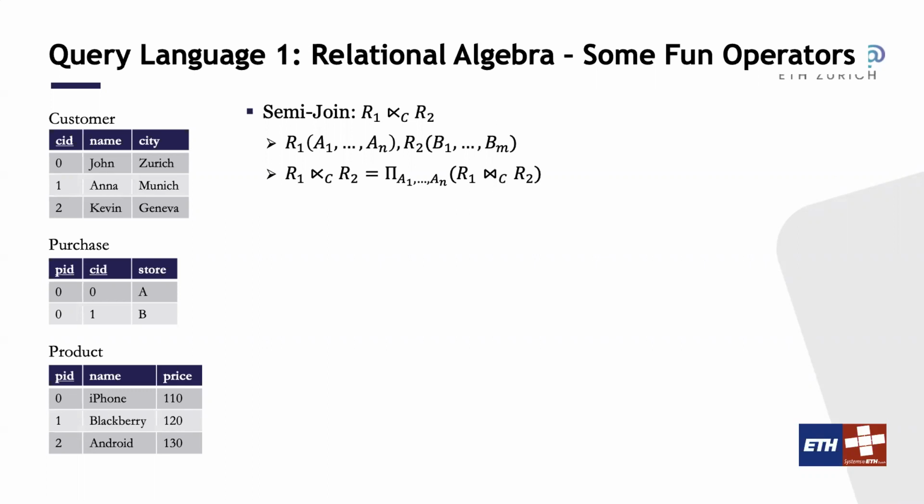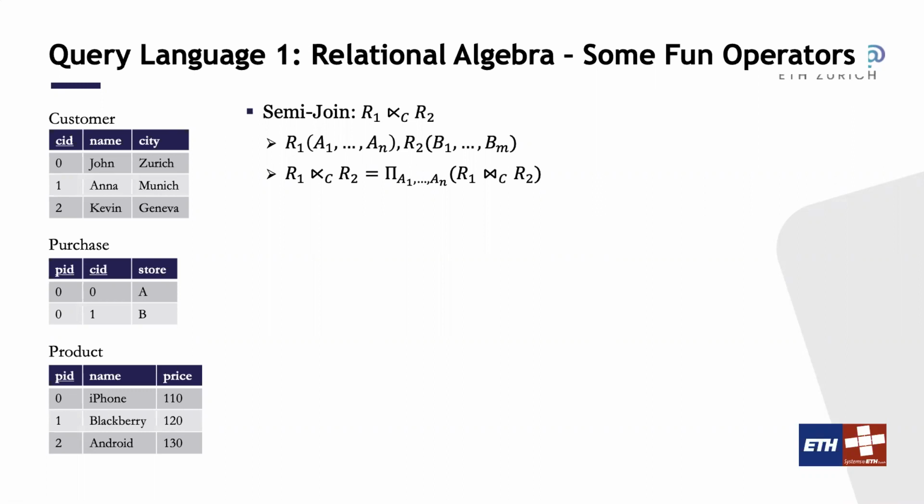I have R1 with all the attributes A1 to AN, and I have R2 with attributes B1 to BM.